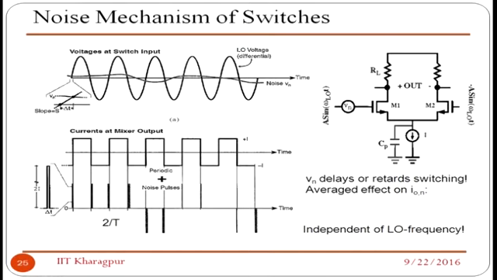If you look at the spectrum, you will get those current pulses, and we have analyzed that this could be because of the finite time delay of your switching clock. Because there is a finite time to switch on, the current will flow either in the positive direction or in the negative direction.